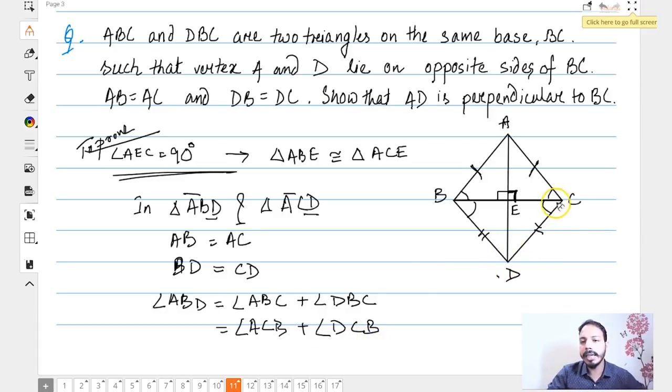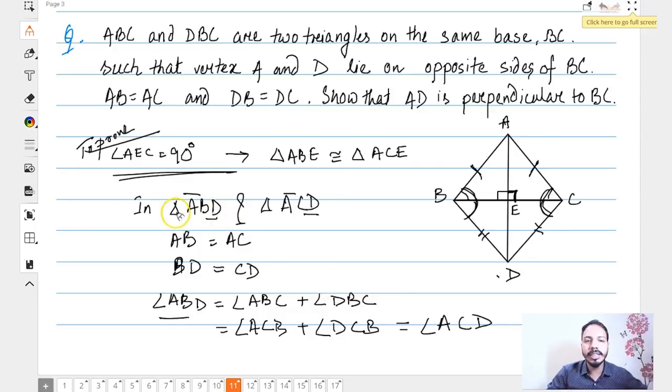Now angle ACB plus angle DCB can be said to be equal to angle ACD. That means I have proved that angle ABD is equal to angle ACD. That means this complete angle is equal to this complete angle. That means these two triangles are congruent.